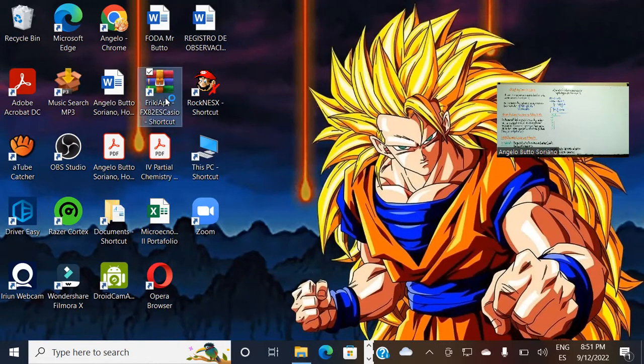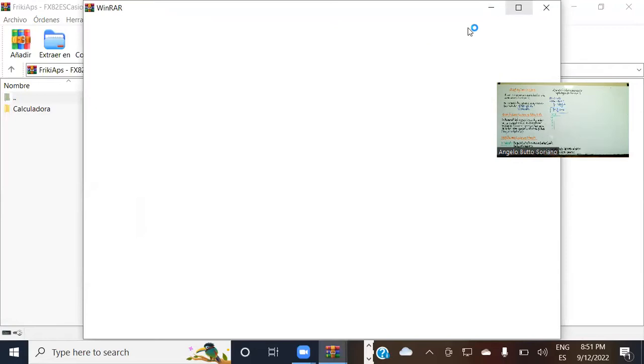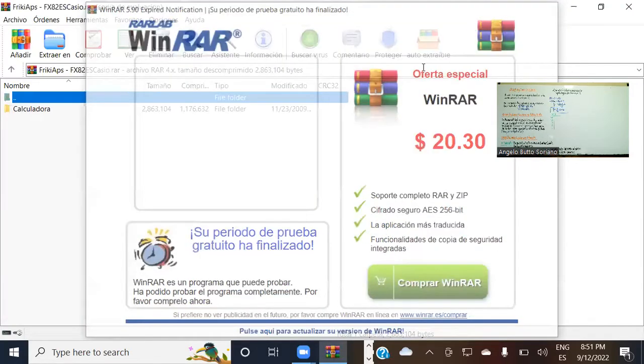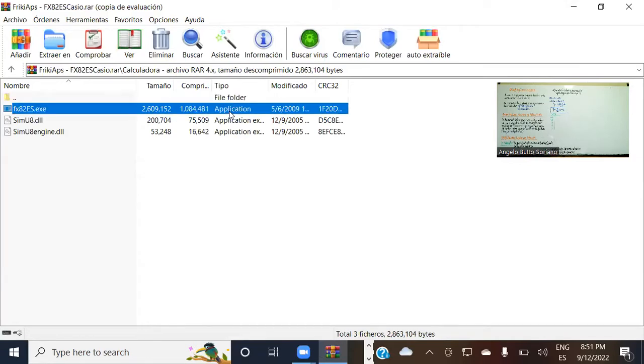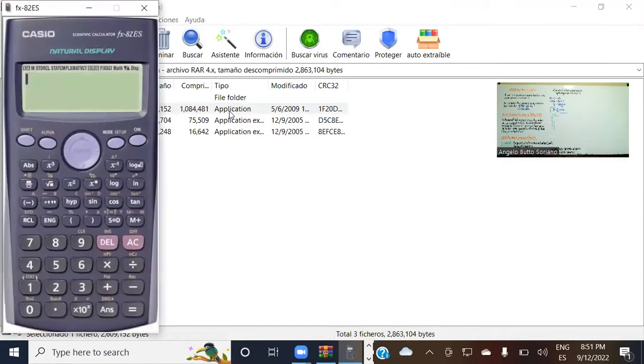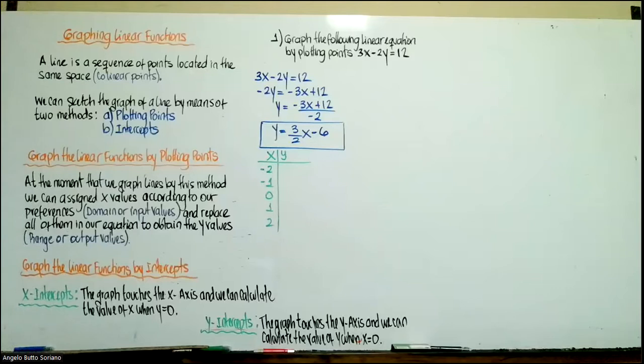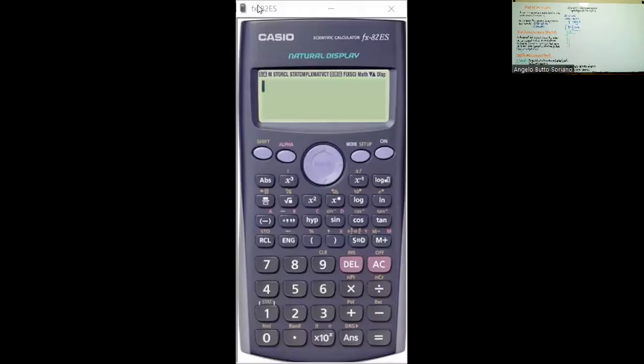Okay, this is the application. All right, this is a calculator. We have this application. Okay, let's simulate. Let me stop sharing. All right, let me share the screen again. Now I'm pretty sure you can see the calculator functions, okay?